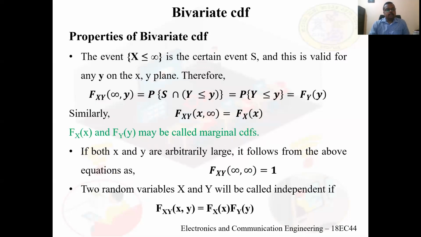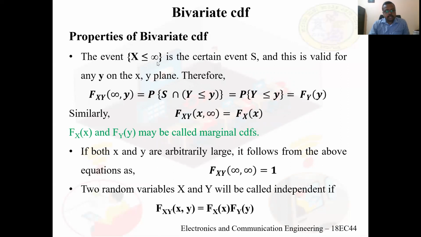Now, the next property: the event X less than or equal to infinity is nothing but a certain event in the sample space, and this is valid for any y on the xy plane. Therefore, for X less than or equal to infinity, you can write it as F_XY(infinity, y).